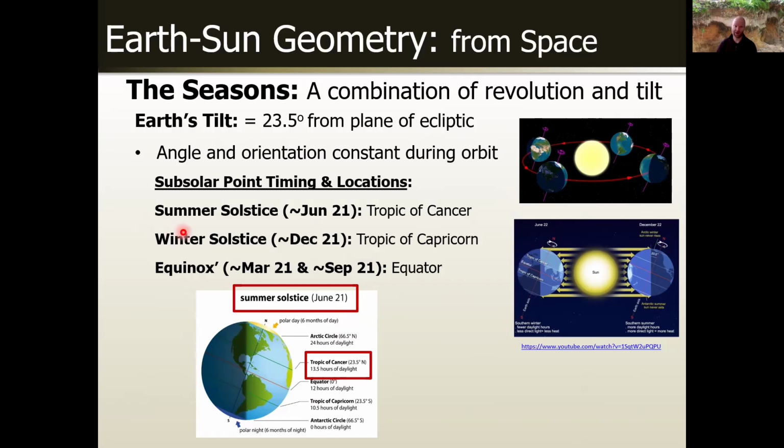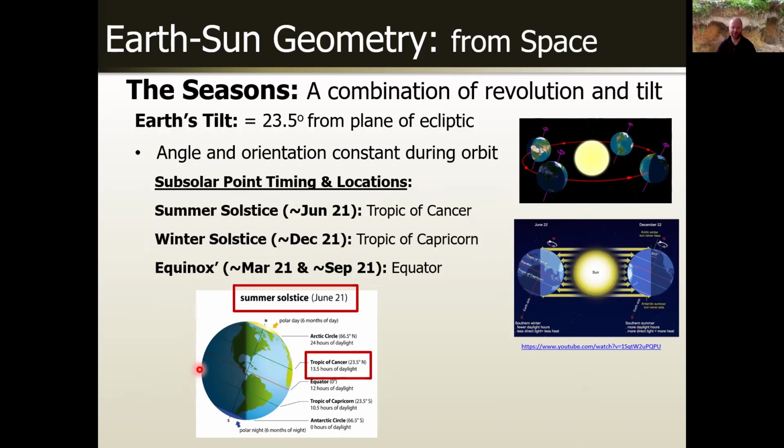But more directly and simply here, the subsolar point is directly above the Tropic of Cancer right here during the summer solstice, on June 21st, and then the subsolar point is directly above the Tropic of Capricorn on the winter solstice, on December 21st.